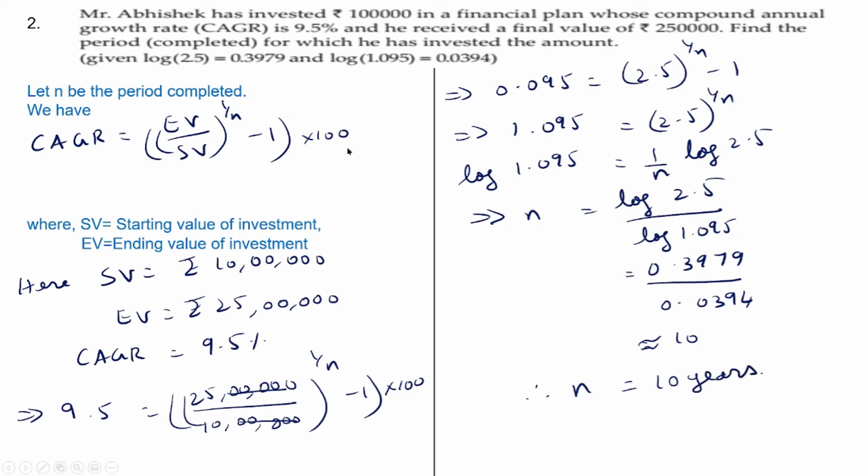So after 10 years, the value of 10 lakh becomes 25 lakhs if the compound annual growth rate is 9.5%. Here writing the formula carries 1 mark, then writing what is given and substituting the values carries 1 mark, and then finding the log values and finding the value of n carries 1 mark. So a total of 3 marks.